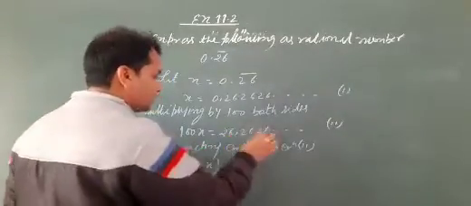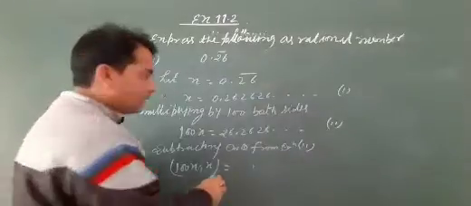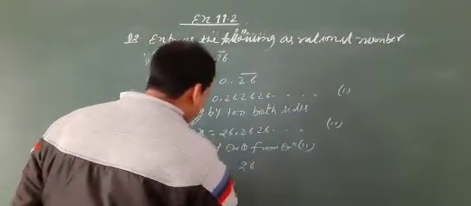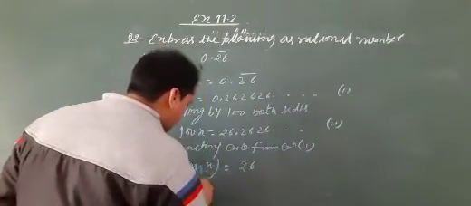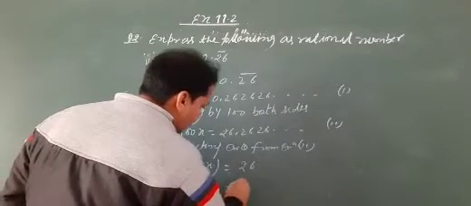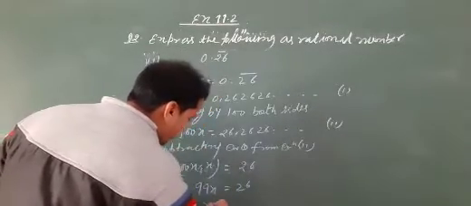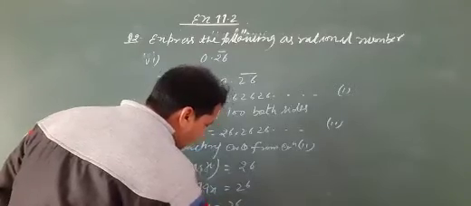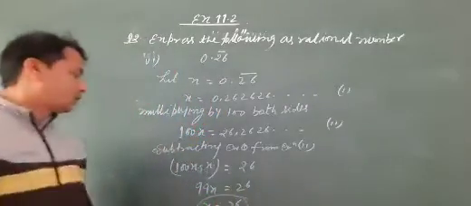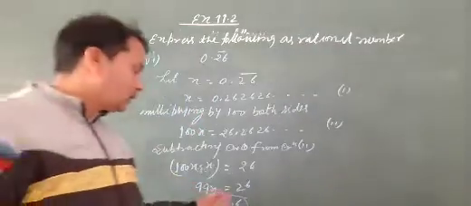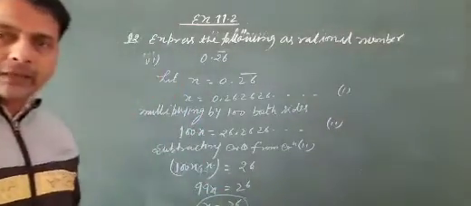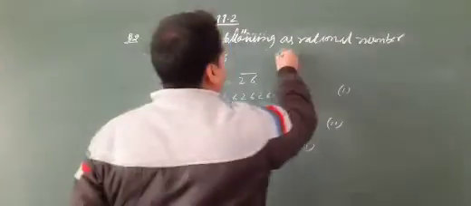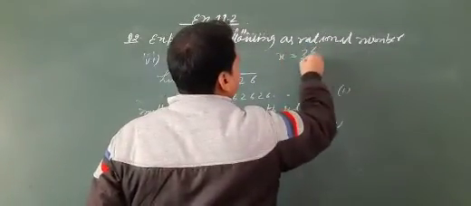After the decimal point these numbers are cancelled here. Then 100x minus x equal to 99x equal to 26. Then x equal to 26 by 99. So this number is in the form of a rational number. Then x equal to 26 by 99.